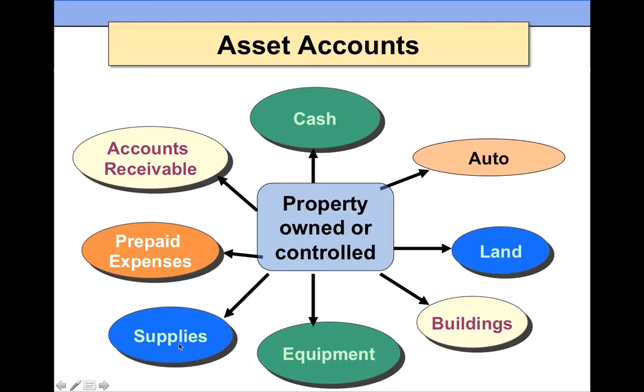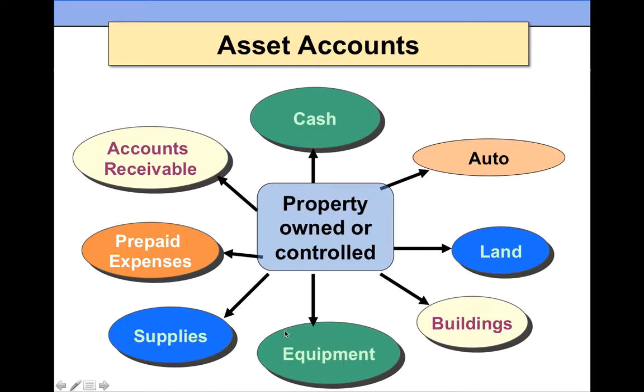In the same way, when I buy supplies, like pens and pencils, it's not an expense because I just bought them. It's an asset called supplies. At the end of the month, I will see how many of those pens and pencils I've used up. Whatever is gone, used up, thrown away, becomes supplies expense, which is a different account.